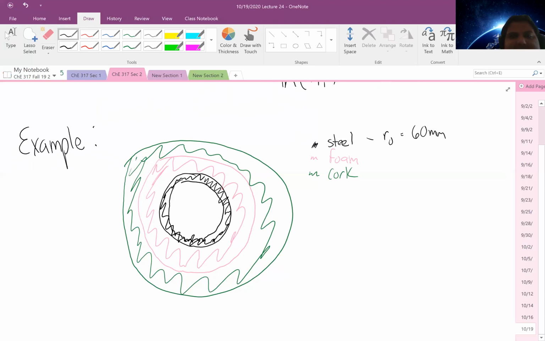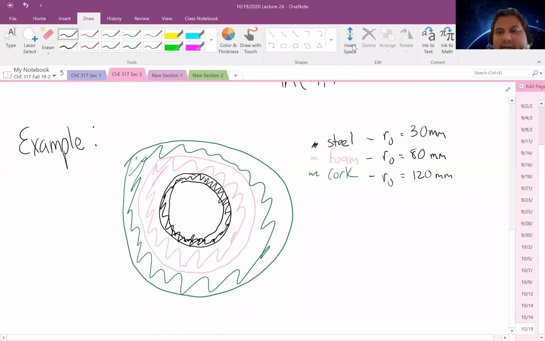The thickness of the foam is 50 millimeters. Actually, the radius would be 30 because the diameter is 60, excuse me. And then the foam layer is 50 millimeters in thickness, which means if I was going to identify the radius for that foam, it would be 50 on top of 30 or 80. And for the cork, it would essentially be the 40 on top of the 80 or 120 millimeters.